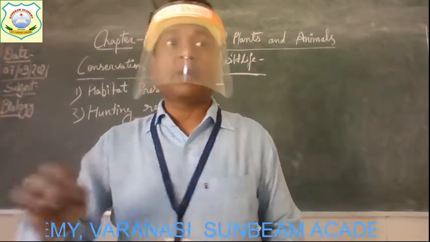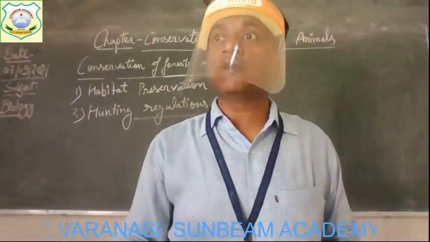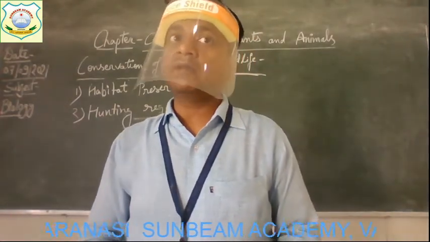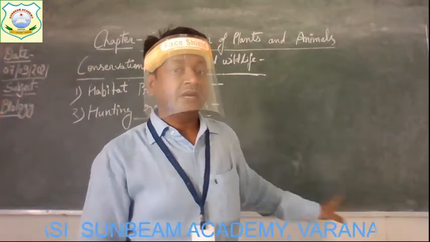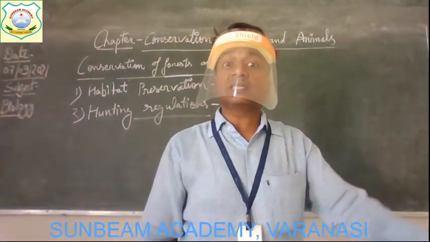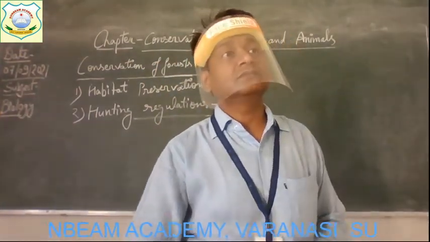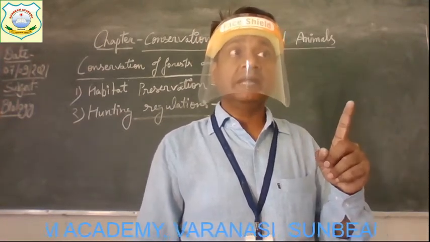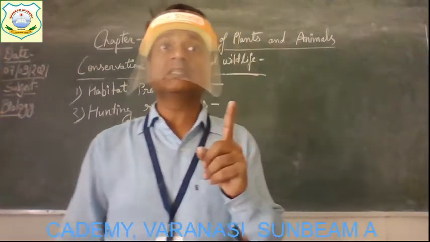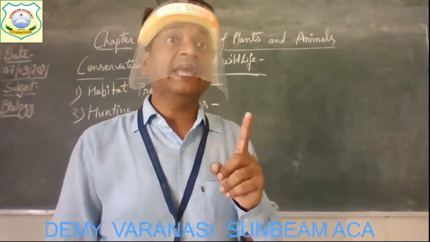Get it? To operate all these government regulations. Then what will happen? Wildlife can be conserved. Okay. And the hunting of endangered species is completely banned. Which kind of species? Endangered. Remember, endangered species are those species whose numbers are very low.